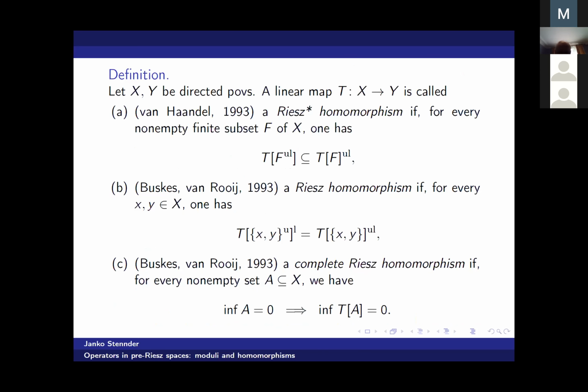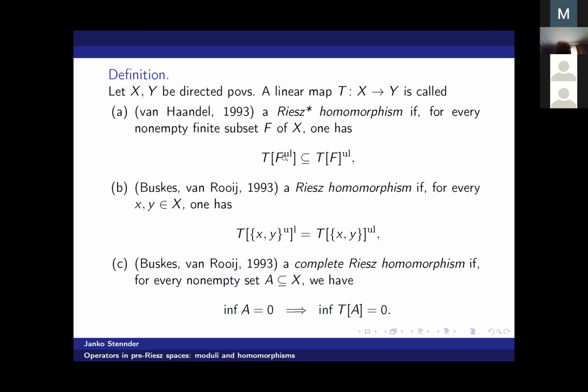Next I want to introduce all the different generalizations of Riesz homomorphisms in directed partially ordered vector spaces. So we just have a linear map between two directed partially ordered vector spaces. And this map is called a Riesz star homomorphism if for every non-empty finite set, we get the following inclusion here.